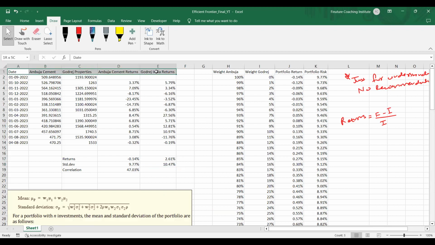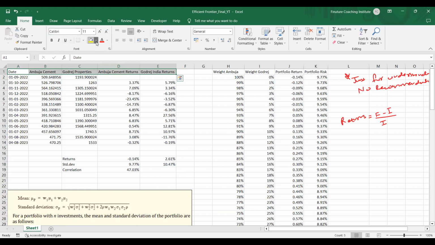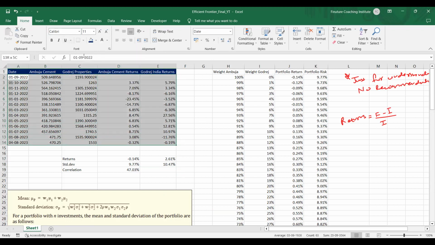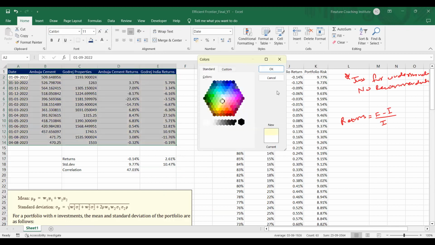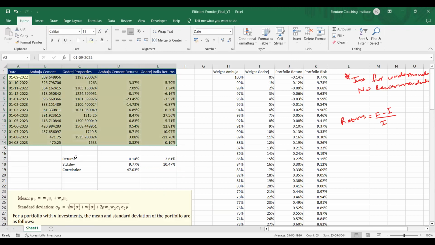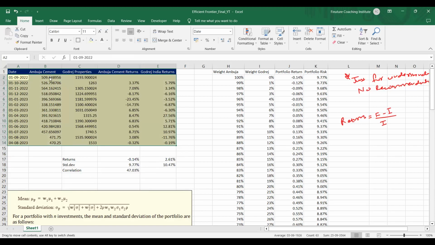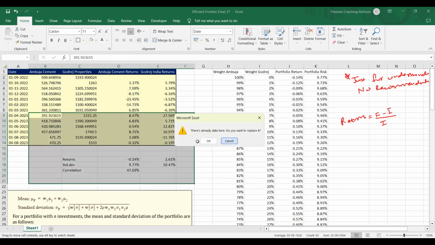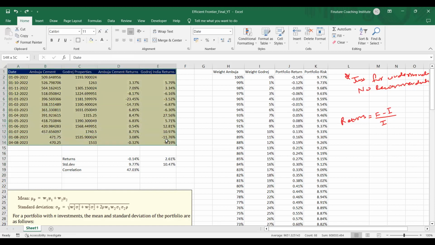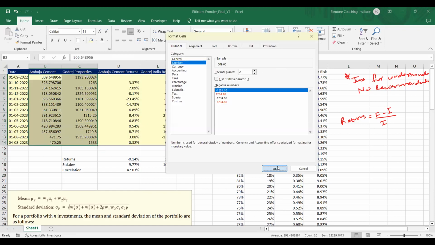Let me just do some formatting to make it look good. Better. Let me just border it and round it off till second decimal. Looks better now.